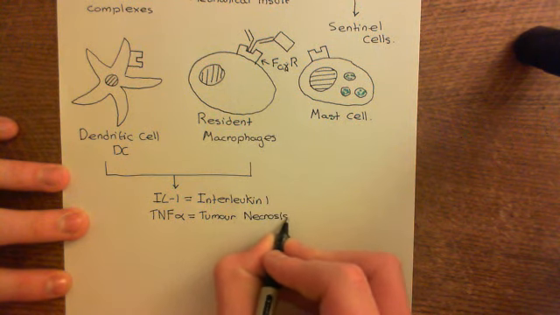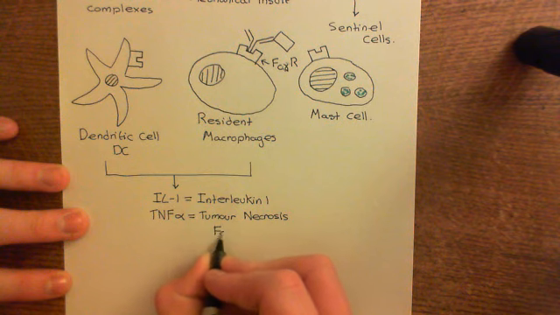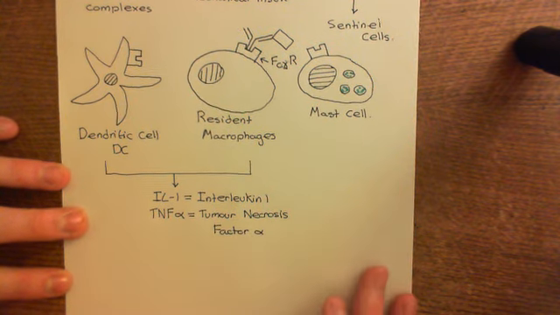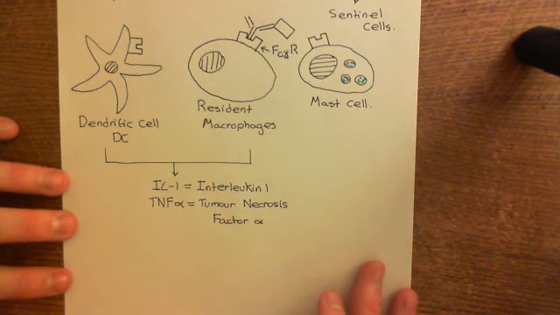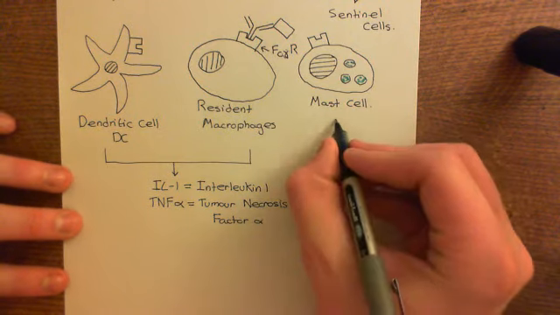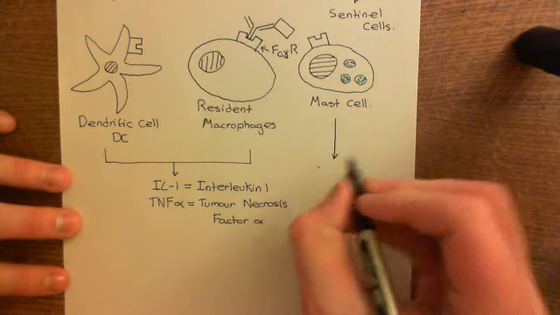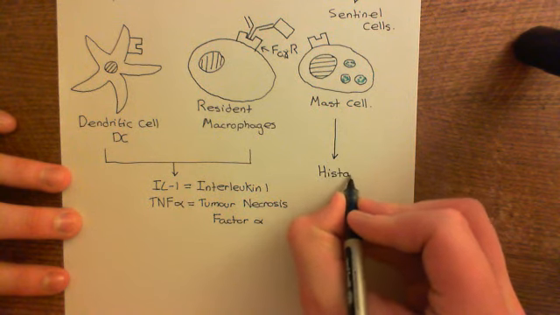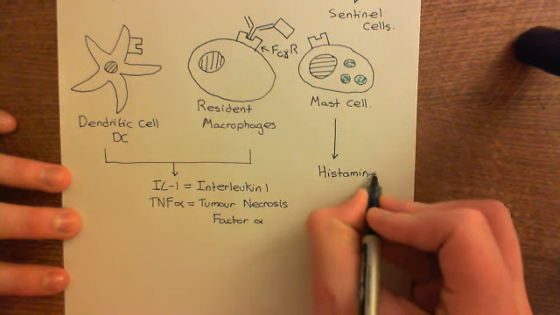Both are proteins that the dendritic cells and resident macrophages are going to start producing in response to immune complexes coming into the interstitial fluid and activating their Fc gamma Rs. The mast cells are also going to start sending out alarm signals. They're going to degranulate and release histamine.